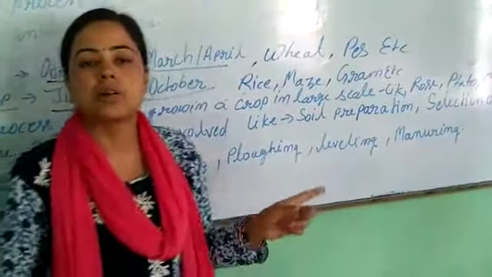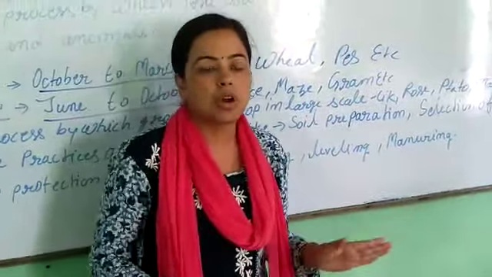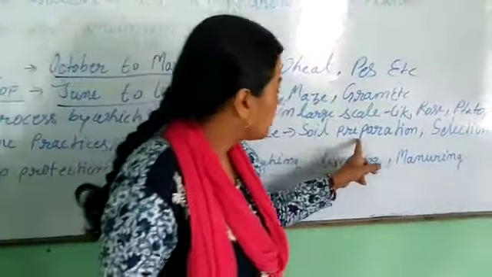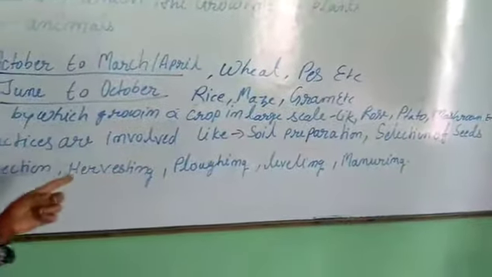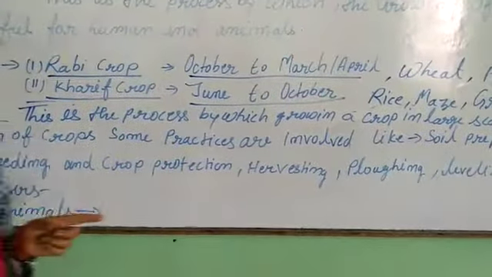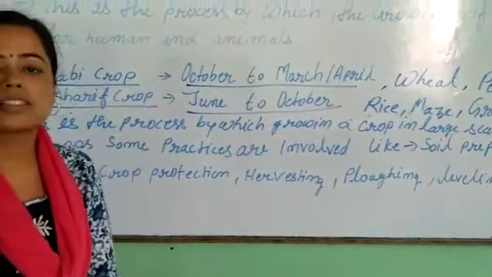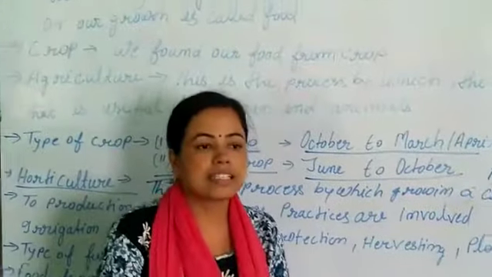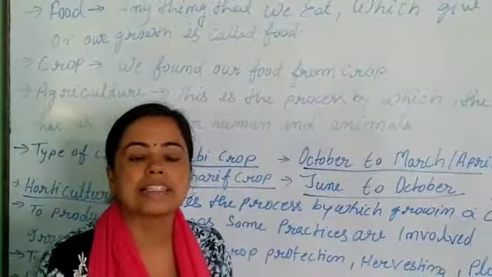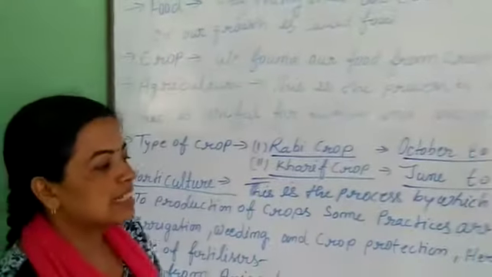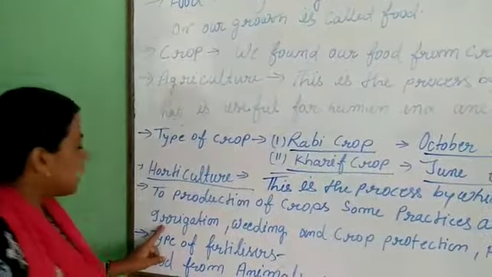If the soil is not perfect for the crop, the crop will be destroyed. The second thing is selection of seeds. Selection of seeds is very important. If the seeds are dull, the seeds can be destroyed in the soil and we can't grow any type of crop. So seed is very important.